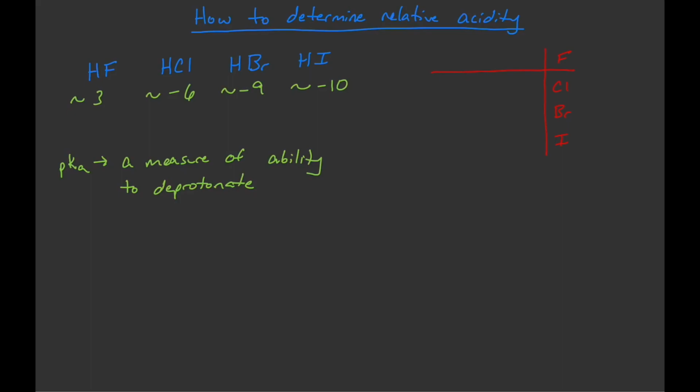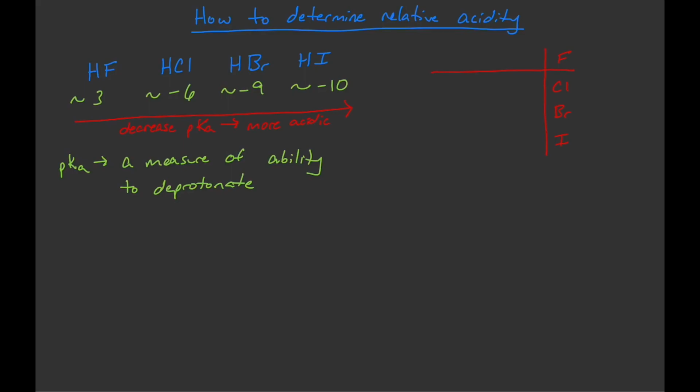As we can see, going from fluorine down to iodine, we see a decrease in pKa, which leads to a more acidic compound. Because again, when we say something is more acidic, we say it is more willing to give up the proton that it has bound to it.